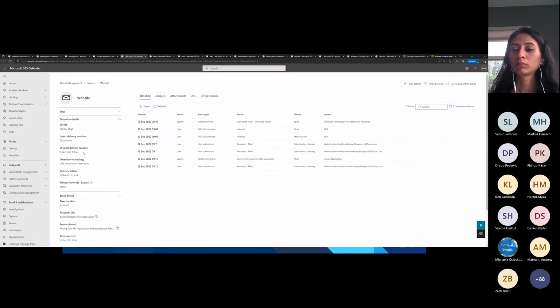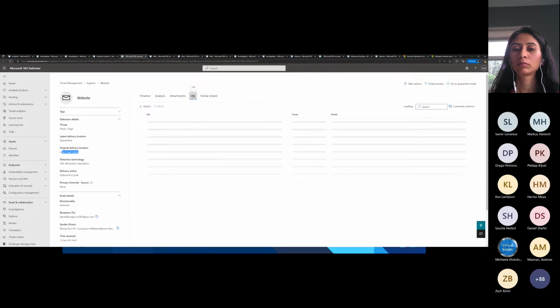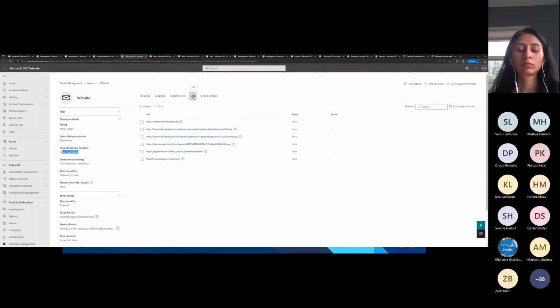Okay, so that's an interesting one. Users are usually still looking at emails in the junk folder. The other interesting thing, if you want to learn why we think this email is malicious, is which URL the system thinks is bad. What you see here is a phish verdict with high confidence from the detonation reputation. You can see on the URL tab that the IOCs are listed here.